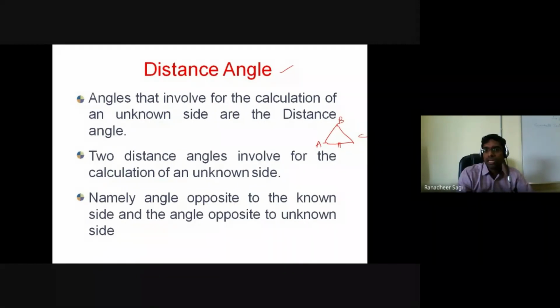Generally in the case of the sine rule, the angle formed between lines BA and BC at station B is what is called the distance angle.